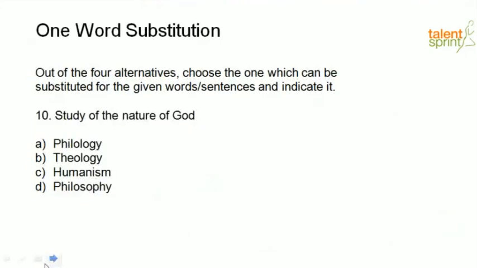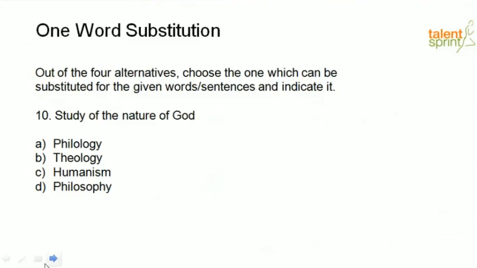Study of the nature of God. Study of the nature of God. So what are our options? We have philology, we have theology, we have humanism, and we have philosophy. The obvious thing that we already know is philosophy, option D, right?